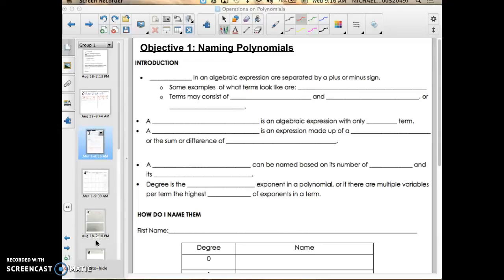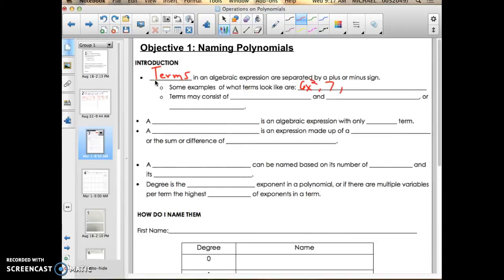Blank in an algebraic expression are separated by a plus or minus sign. I'm going to call them terms. Terms exist within a polynomial. Some examples of what terms look like are 6x squared, 7, 4x to the fourth, x cubed.